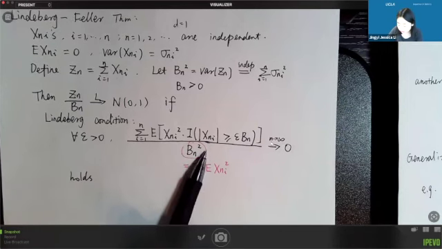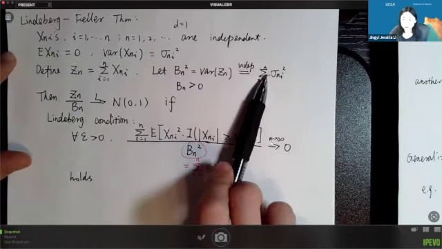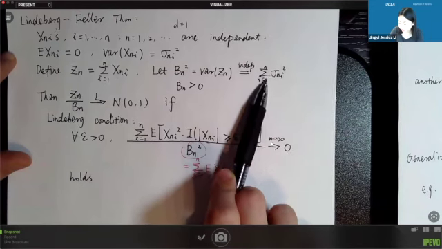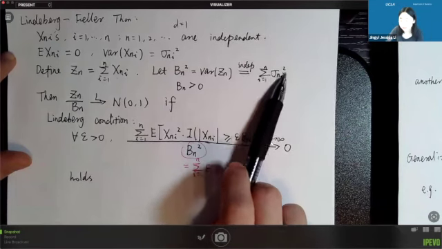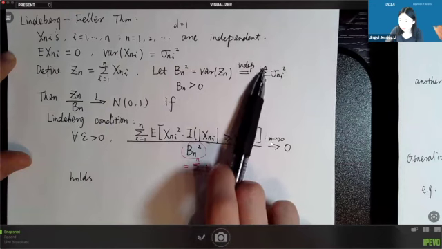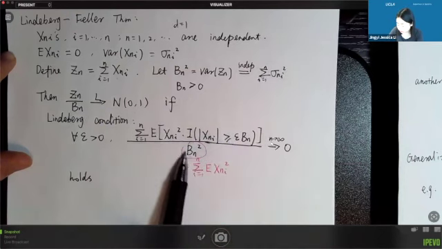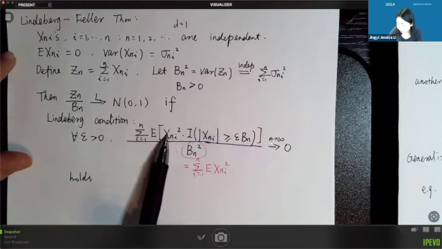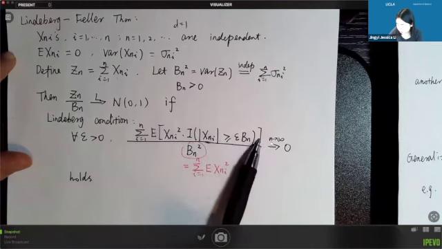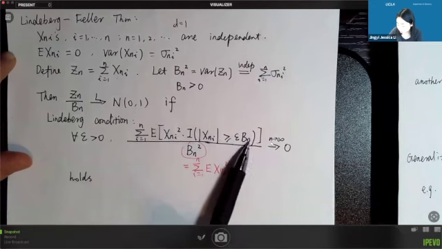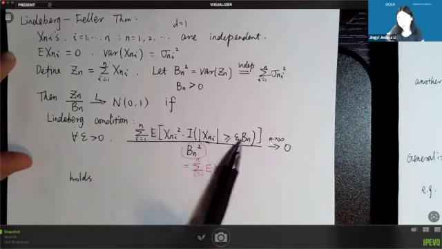You see, bn squared by definition is increasing with n. It's a sum of n variances, so naturally it goes up as n gets large. But we still want to control it, so that values larger than epsilon bn happen very infrequently.